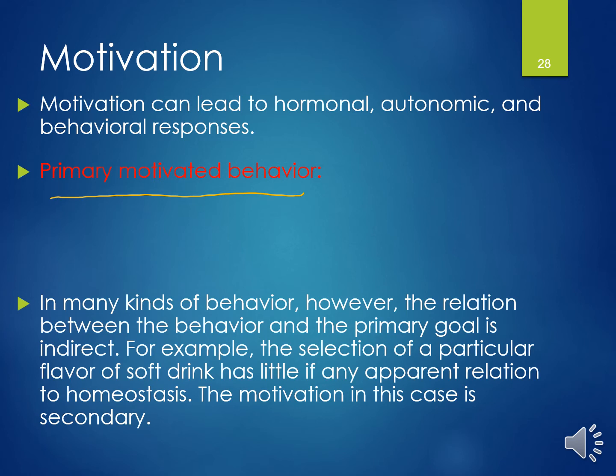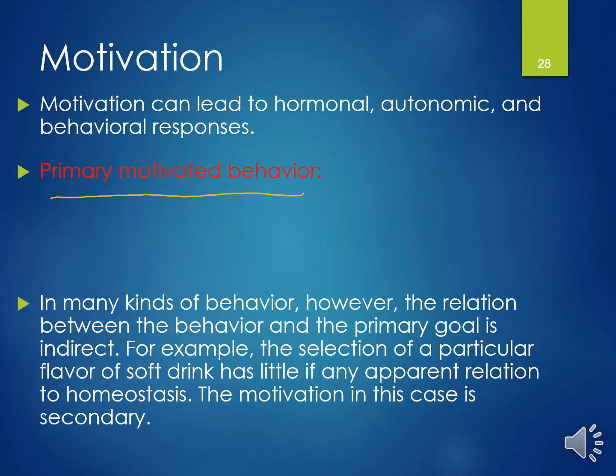In many kinds of behavior, however, the relation between behavior and the primary goal is indirect. For example, we said that if you were thirsty, that would be related to your primary motivated behavior, but your selection of a particular flavor of soft drink has little, if any, apparent relationship to homeostasis.